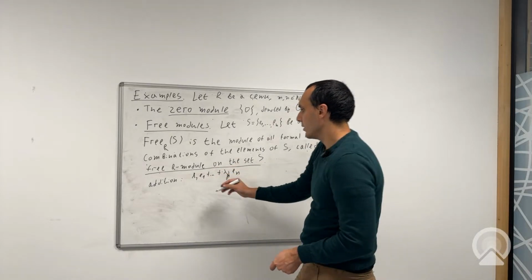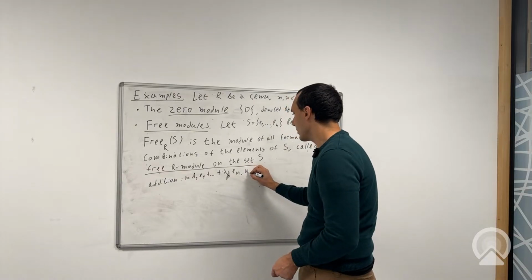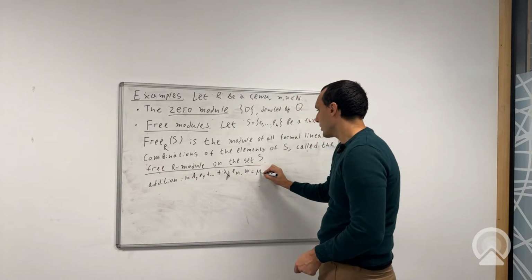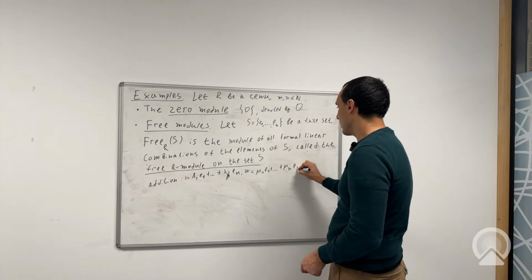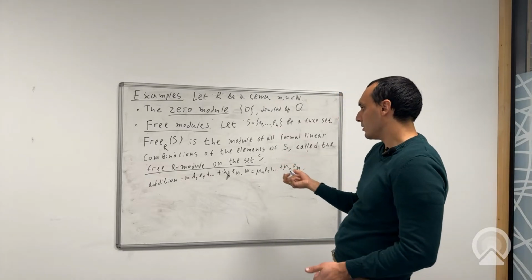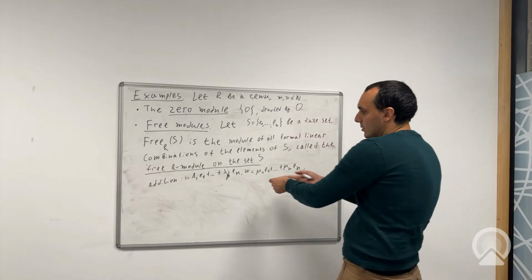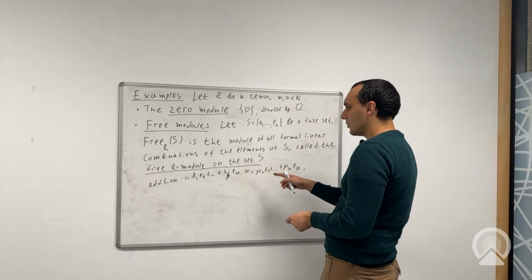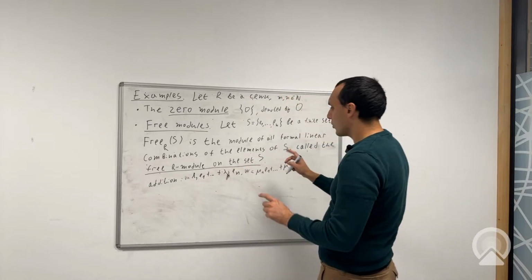And so if you have v equals this thing and w equals mu_1 e_1 plus up to mu_n e_n, then their sum is just the sum of their coefficients, again multiplied by the elements, so-called basis elements.